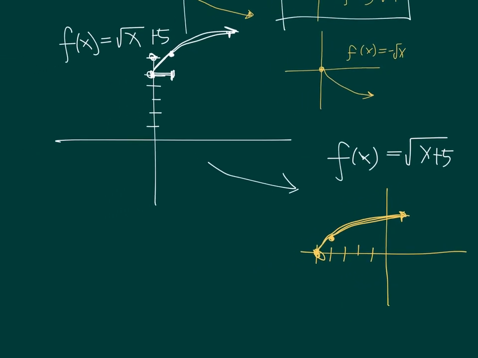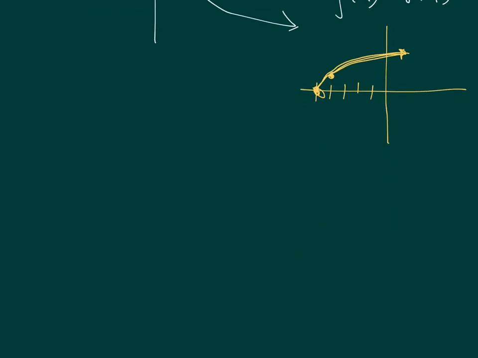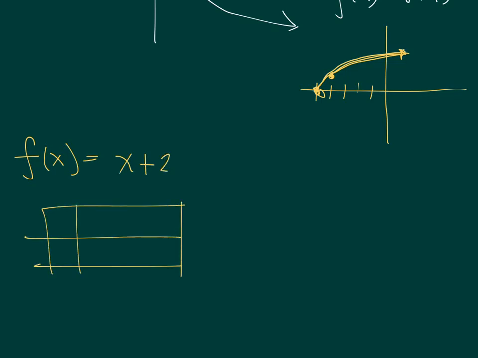Okay, so finally, which is actually the easiest one, f of x equals x plus 2, a line, the easiest to graph of all the functions, because all you need to do is to select 2 points for x. So say x is 1, x is 2.